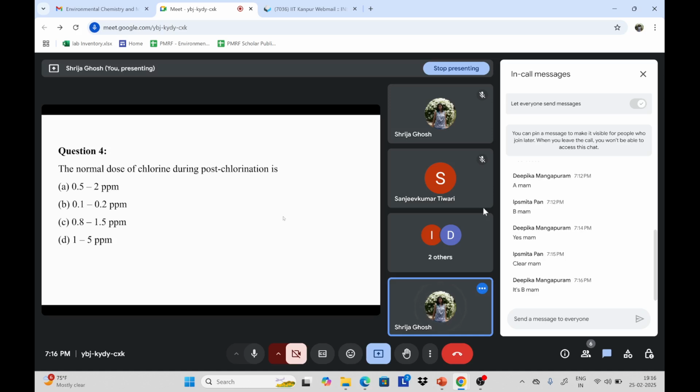Any idea? Deepika says it's B, 0.1 to 0.2 ppm. Okay. Anyone else wants to answer? Or should I go with this answer?